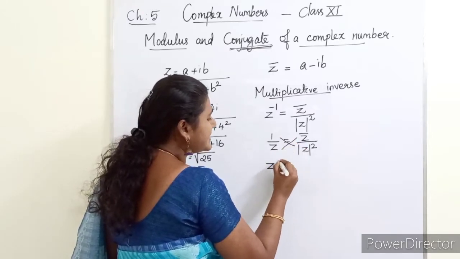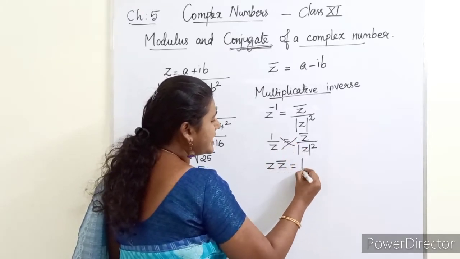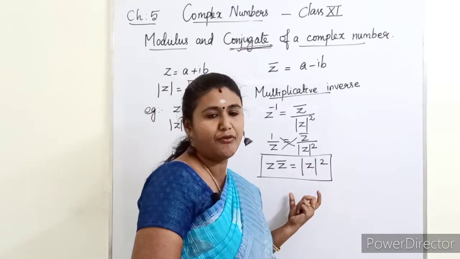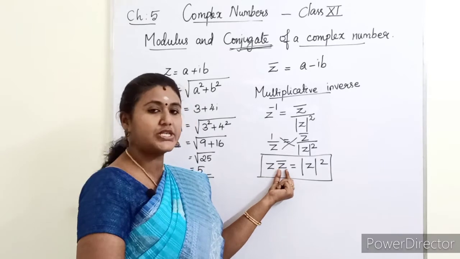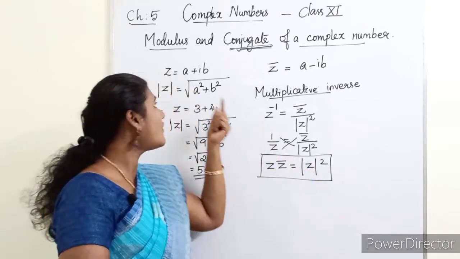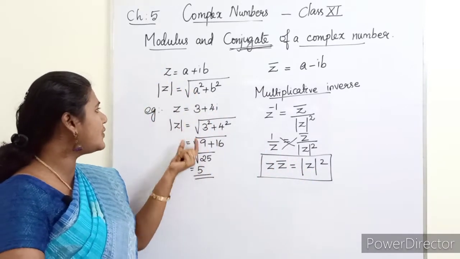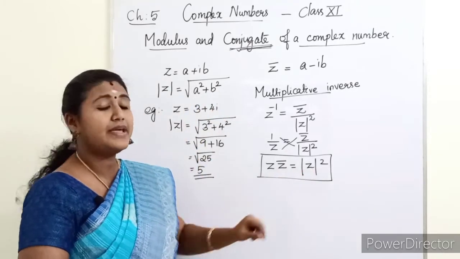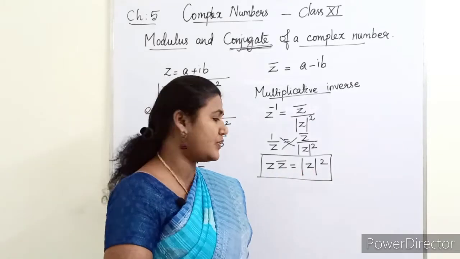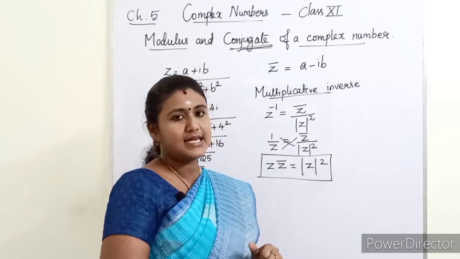So we get z into z bar is equal to mod z the whole square. That is, if we multiply a complex number and its conjugate, we will get the square of the modulus. The modulus value is root of a square plus b square, and its square is a square plus b square, so you will get mod z square.